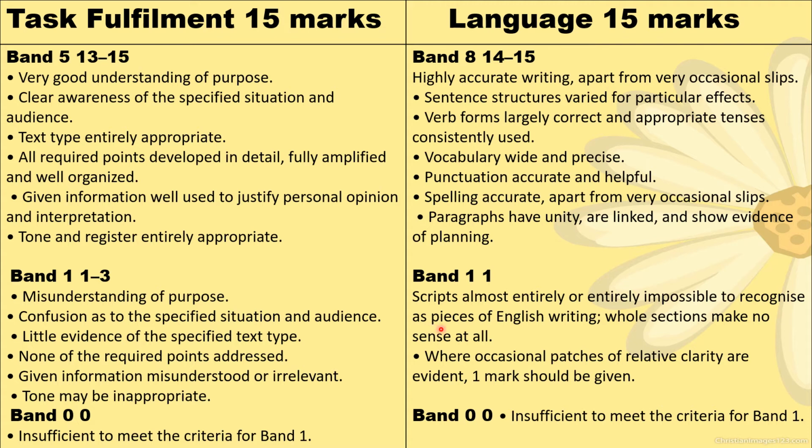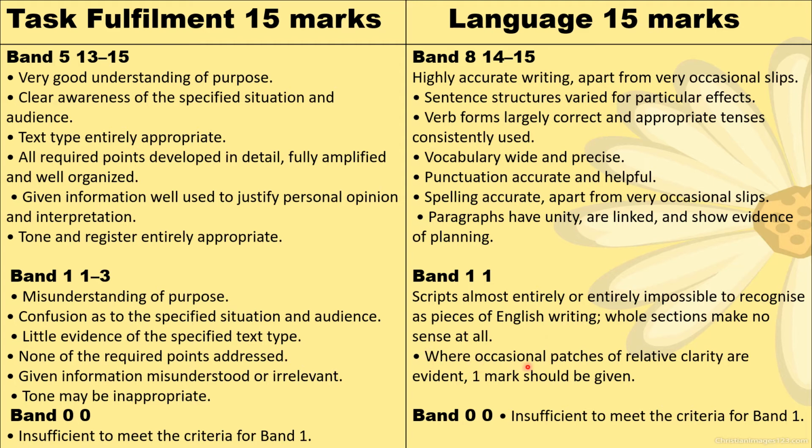Band 1 is the one where the candidate will be scoring only one mark, so low. It is where a script is almost entirely impossible to recognize. Your sentences are impossible for the examiner to understand, and the whole section makes no sense at all.